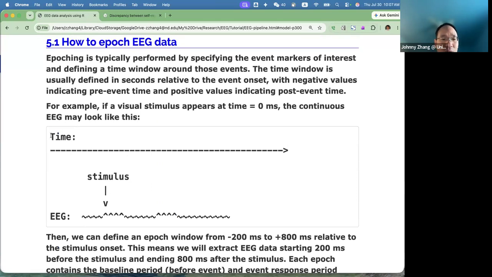If we have EEG data, as we know, we have data from a long time, right? In our example, we have more than 50 minutes of signals. But only at certain time points do we run the experiment. We give a stimulus to the participants. For example, at this time point, we may show the participants an image and ask them to evaluate this image.